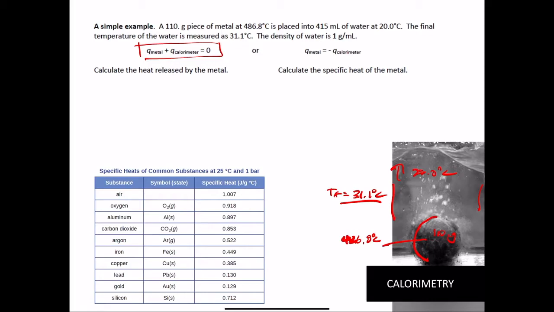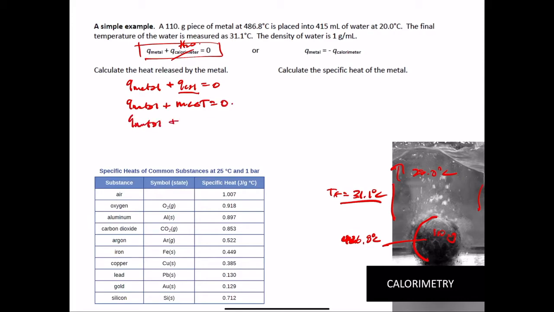So what we can do then is calculate, we know that Q of the metal, the heat associated with the metal, plus the heat of the calorimeter, the water and the coffee cup or whatever it is, has to equal 0, right? So I'm solving for the Q of the metal, the heat of the metal. What I can do is substitute in for MCΔT. In this case, the calorimeter is just water. We're just going to assume it's just water. So we can use MCΔT for water.